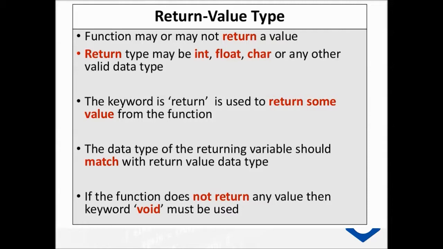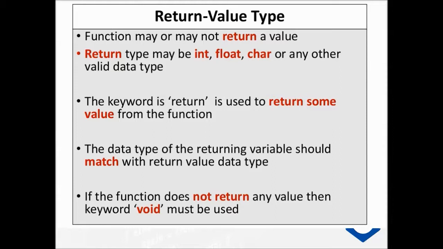So the first thing is the return value type. A function may or may not return a value. If a function returns a value, we use that value's data type, and if the function does not return a value, then we use the void keyword. So the return type may be int, float, char, or any other valid data type we use in C++.